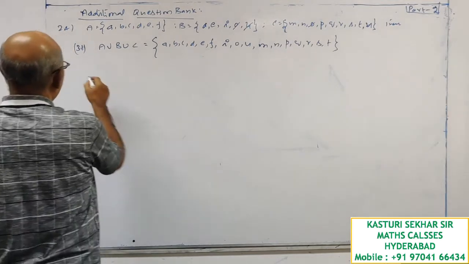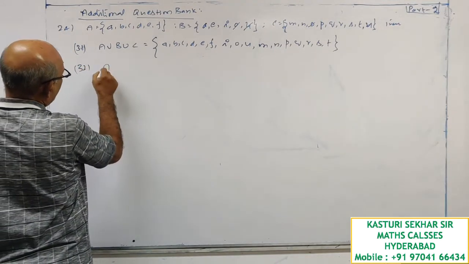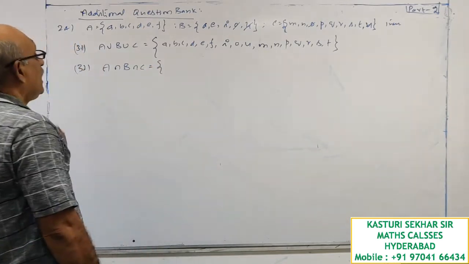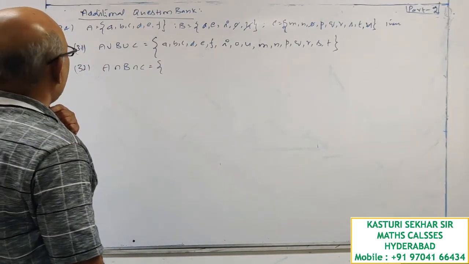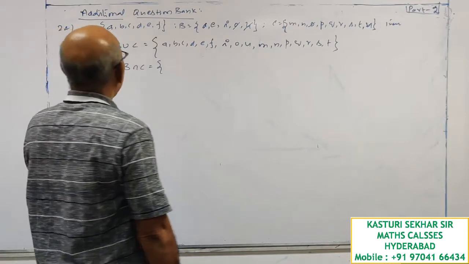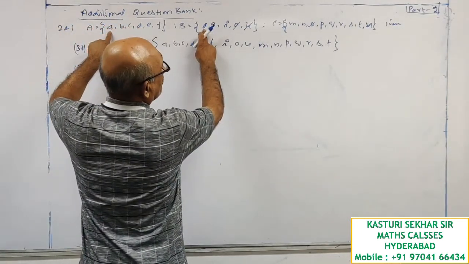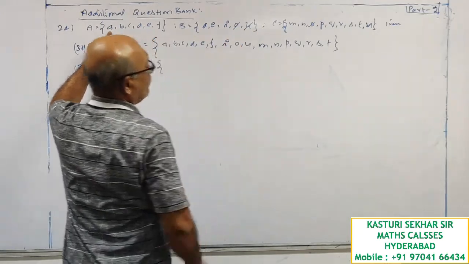Next, question number 32. A intersection B intersection C. Elements which are common for these three. A is having it, but set C does not have.